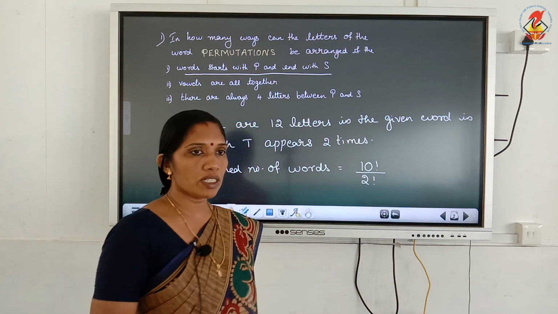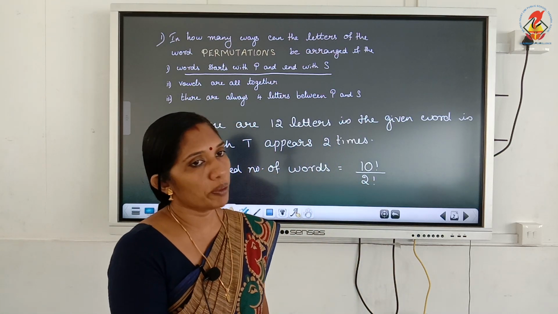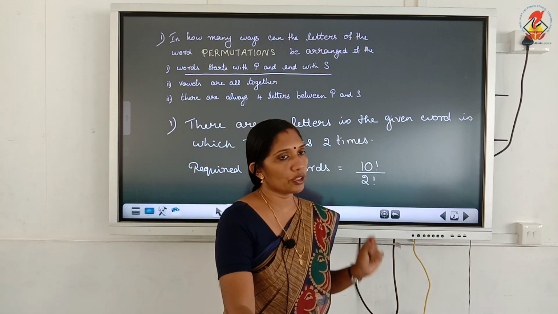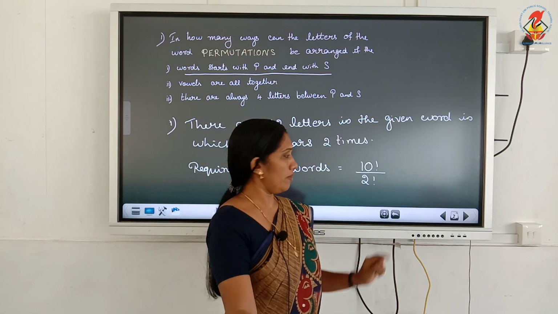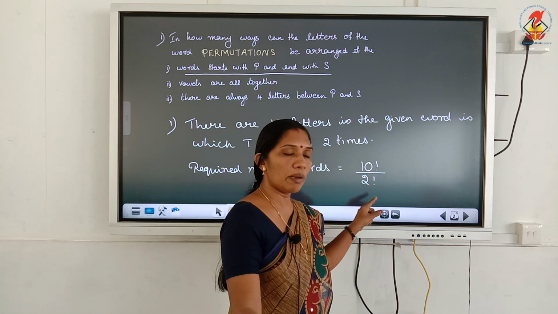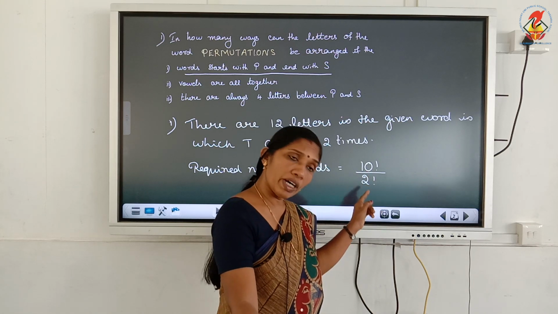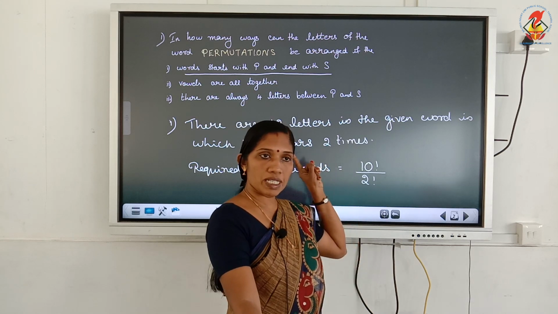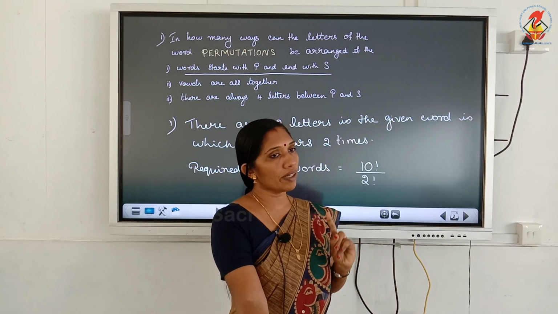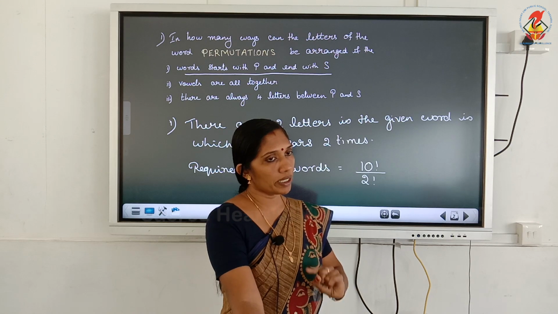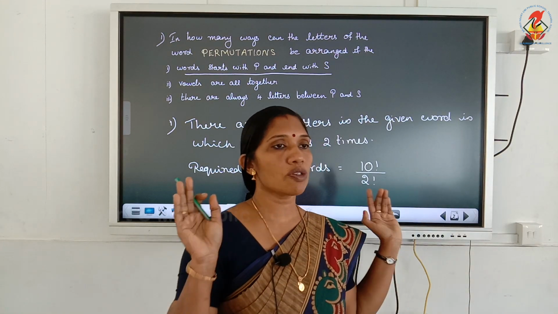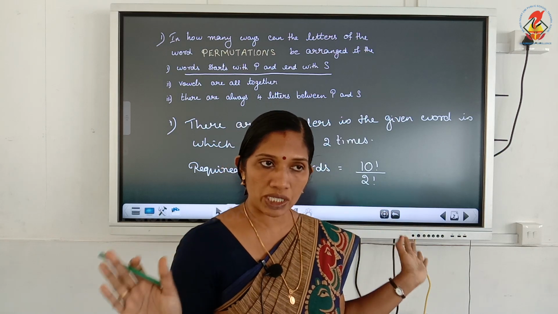Number of permutations of n objects, if p objects are of the same kind, then what we have to write? Factorial n by factorial p. The same way, 10 factorial by 2 factorial. Why 10 factorial? Total there are 12 letters, but we are considering words starting with P and ending with S. So the first and last place are always P and S, no change in that.